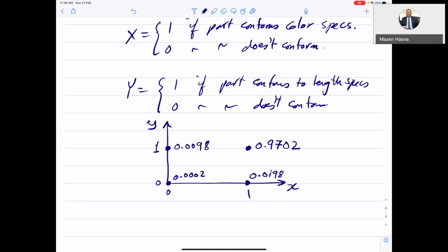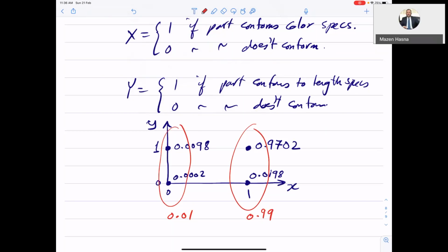So now I can ask you, are x and y independent or not? Let's find f of x and f of y. To find f of x, we need to sum vertically. So if you add those two, this is 0.99 and this is 0.01.